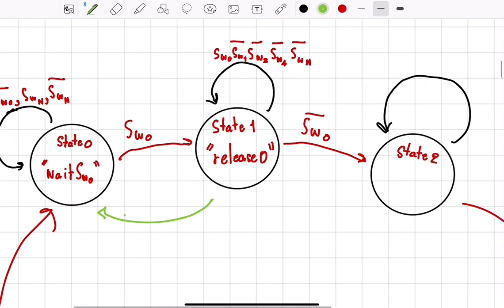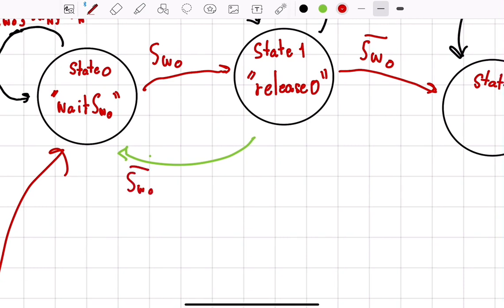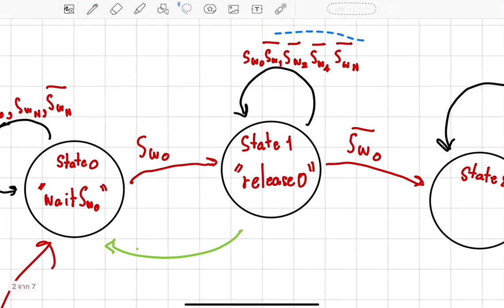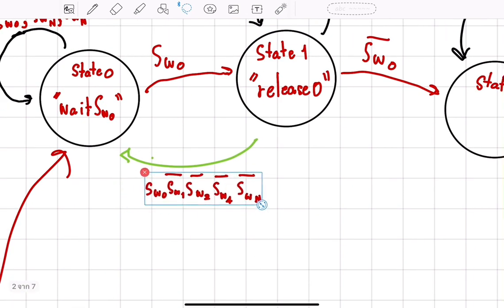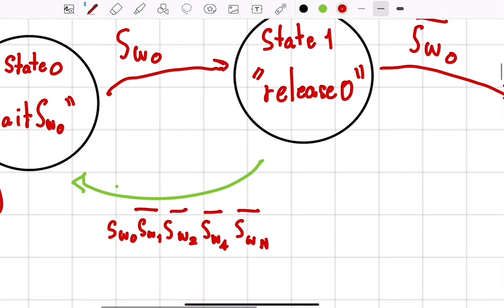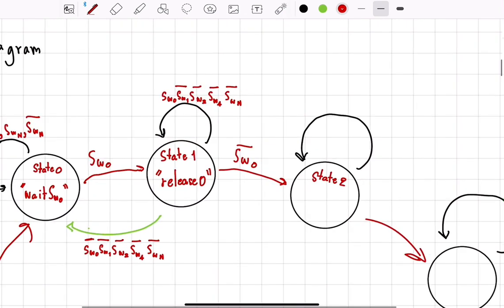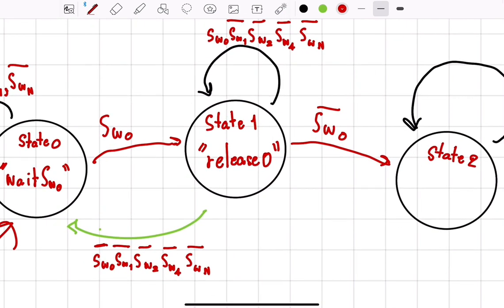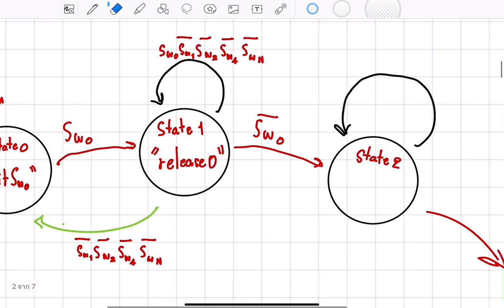Yes, it means I put switch 0, switch 1, switch 2, switch 4, switch N. I don't put switch N. Okay, sorry. It goes to state 2.